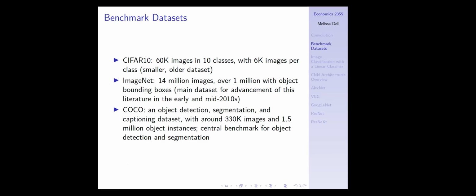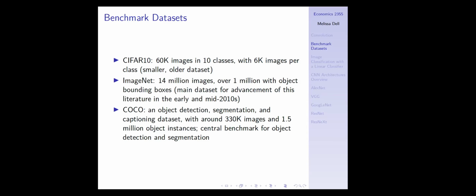So I want to have a brief note about benchmark data sets because this is super important in computer science generally, and it's very different than in economics. These benchmark data sets essentially define a task that we'd like to do a good job on, and we know what the ground truth is, and then you train models and see how good you can get, and much of the field has been built around that.